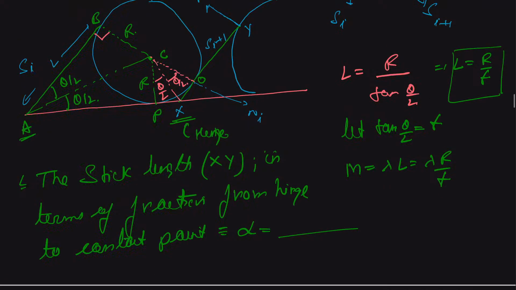So we can measure this length, and this length will be our r tangent of theta by 2.